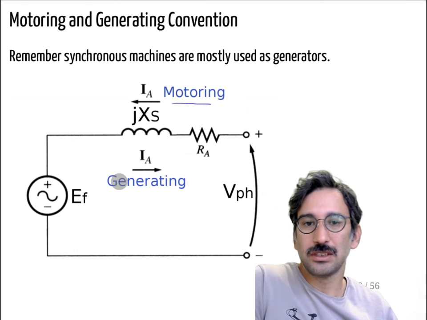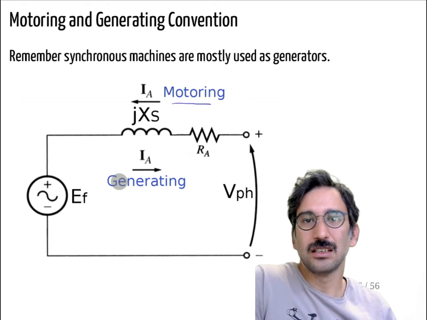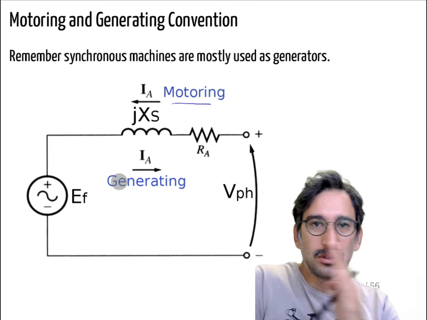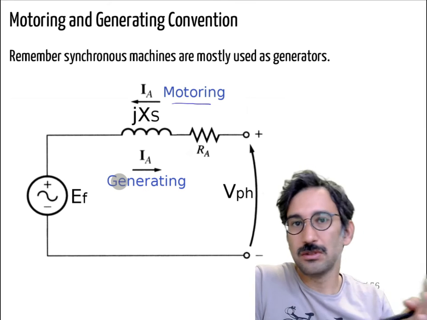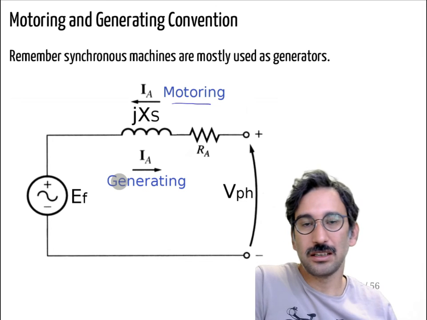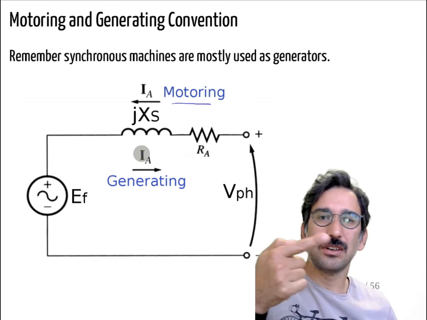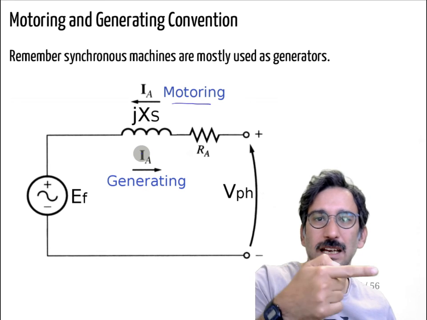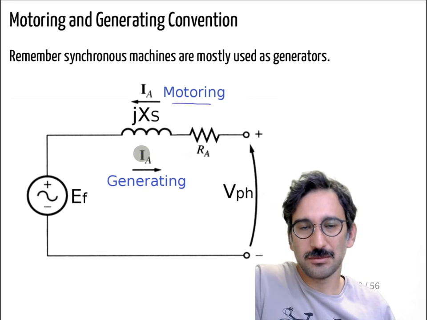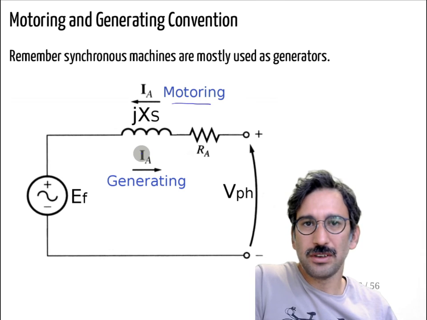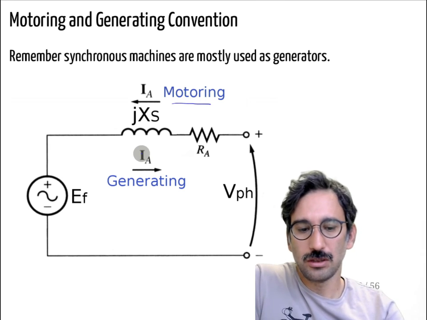But at the end of the day, remember, all that current is AC, so it's just coming in and out, so there's no positive or negative direction. But I will use that convention to define where my zero angle is in those phasor diagrams.